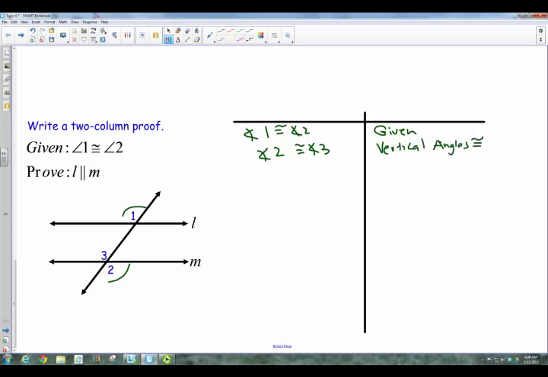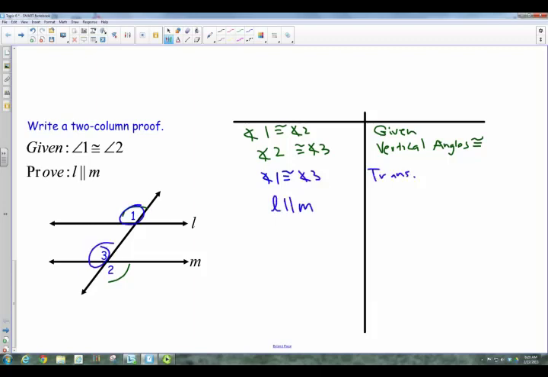Because of that, we've got angle 1 congruent to angle 2, and angle 2 congruent to angle 3. So angle 1 is congruent to angle 3, and that's the transitive property. Now it's a pretty simple explanation. For L parallel to M, the reason is to look at where angle 1 and angle 3 are.